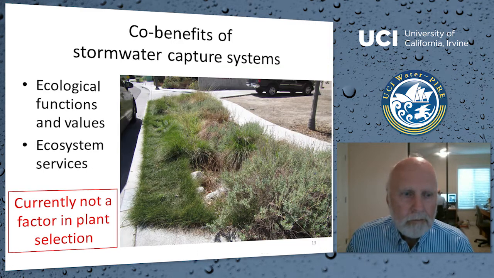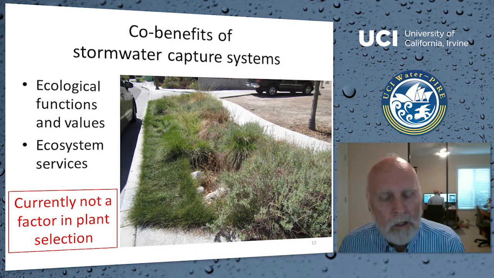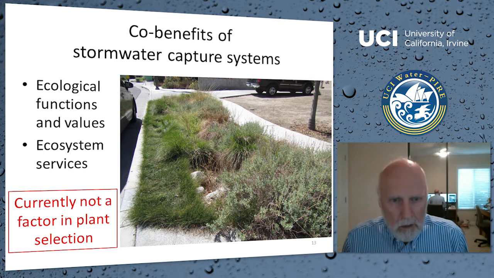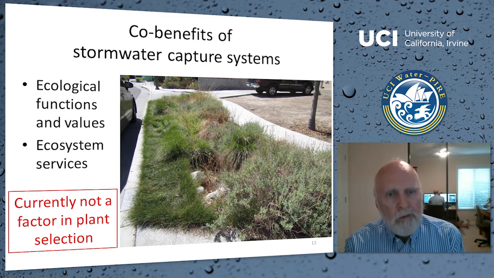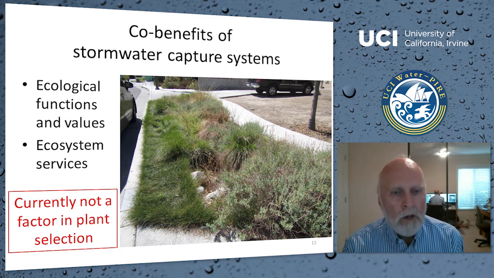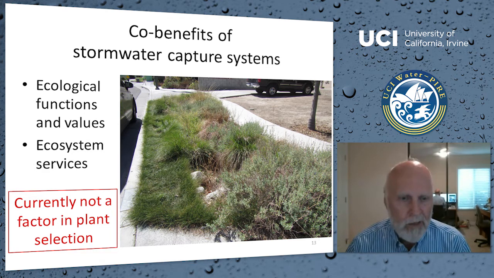If we go to the next slide, slide 13, Jennifer also talked about co-benefits here, so I want to talk about the benefits that can come from biofilters, even though they're not the main reason we're constructing them. We're mainly constructing them to capture stormwater and to treat it, to remove pollutants.